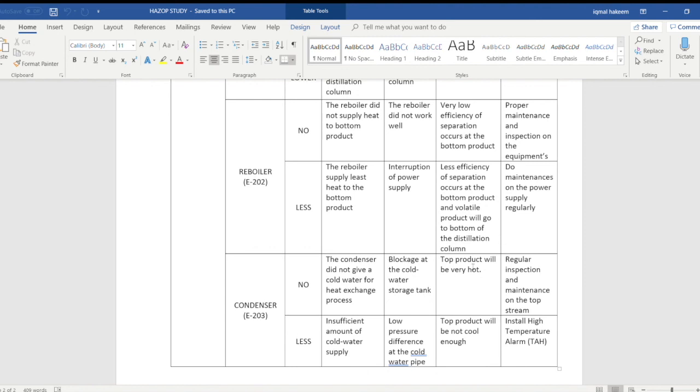And what is the consequence of this problem? The top product will be very hot. So in order to prevent this problem, regular inspection and maintenance on the top stream, so we can identify if the top product is very hot, and we can solve it. So as a result, we can get a better top product.